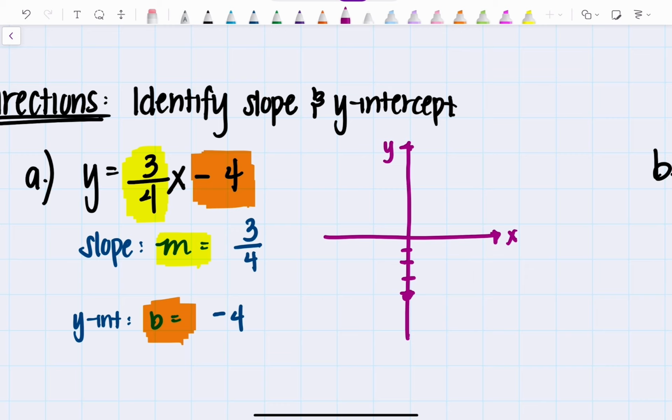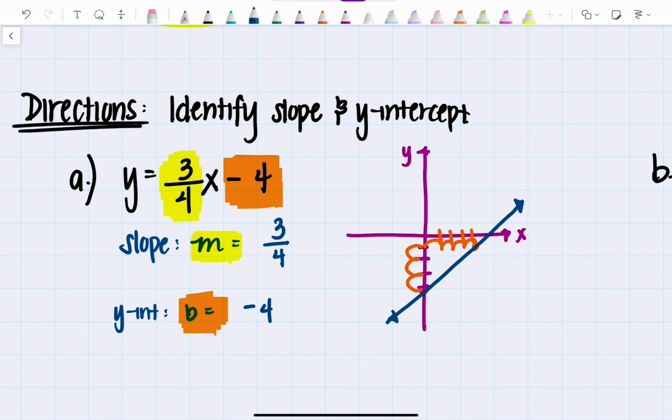My slope, because it's positive, is telling me to go 3 up, 1, 2, 3, and then 4 over. So it's 1, 2, 3, 4. So I would have a point here, and I'd be able to create a line to represent the equation. But on these here, once again, we're just identifying slope and y-intercept. I am doing the extra step of showing you how to graph it.